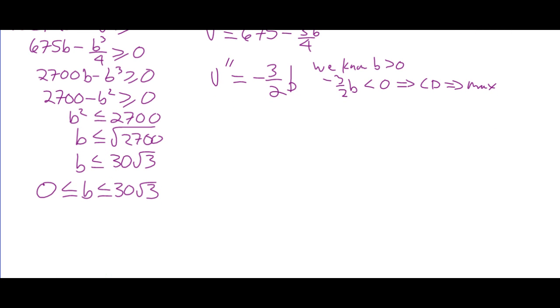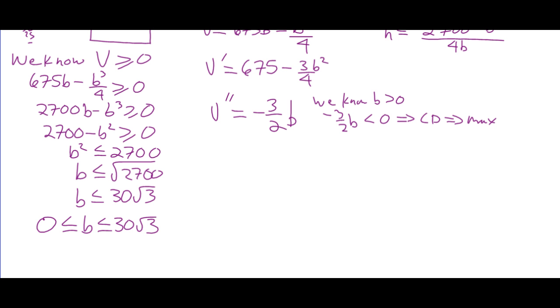So now we go to the first derivative and say, all right, when it's 0, that's the critical number. That's going to be it. And we know that at that critical number, it will be a maximum. Okay. So let's do the critical number. 0 is 675 minus 3b squared over 4.